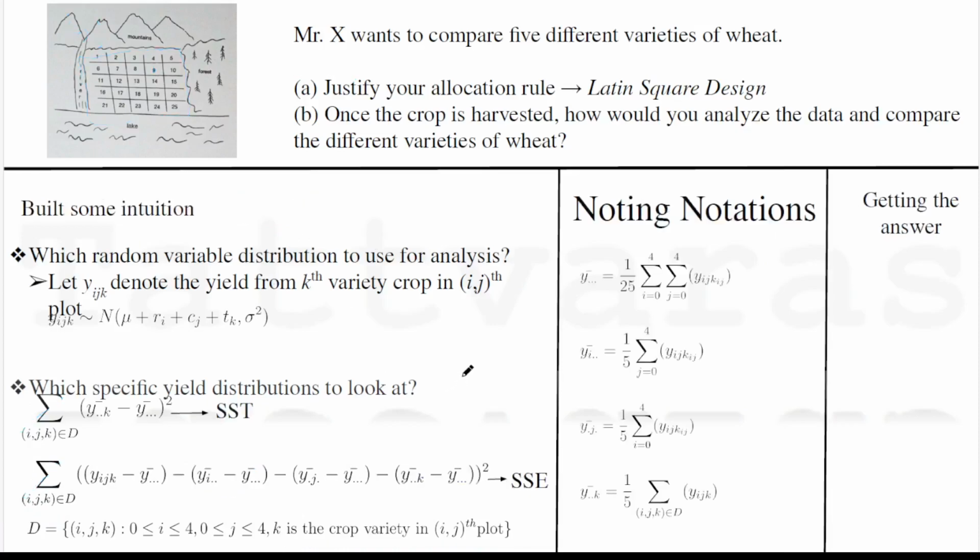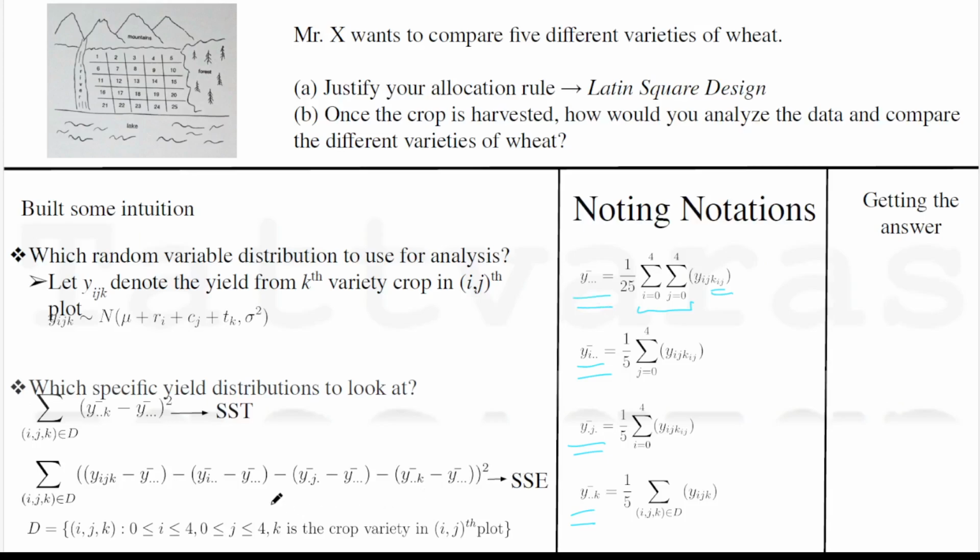And there are a lot of notations which we have to make sense of. This is the grand mean. Notice even in the indexing, we have the summation over I and J, and K as an index is dependent on ij. So we can also write K as K subscript ij. This is the grand mean of all the 25 random variables. This is the mean for the ith row. This is the mean for the jth column. And this is the mean for the kth variety.